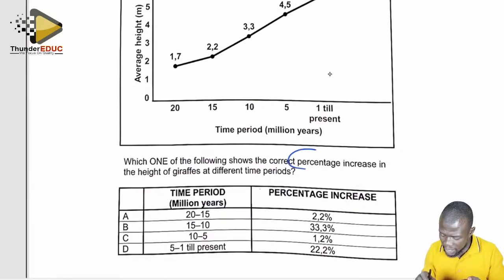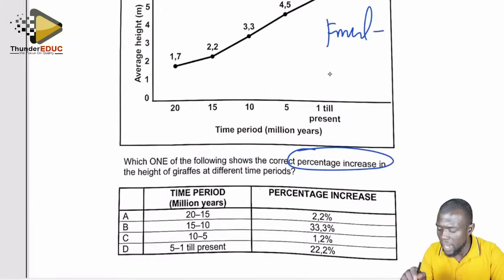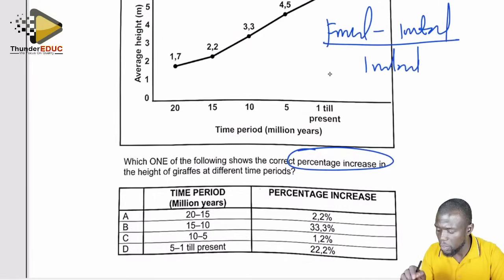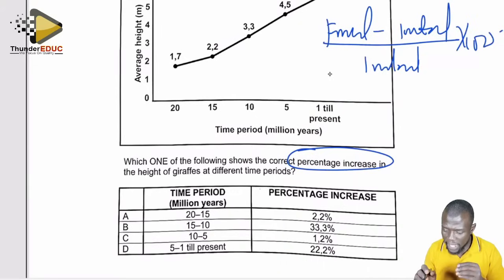Remember, percentage increase is final minus initial over initial, times 100. So I need to find the final. It says from 20 to 15, now means from here to here.